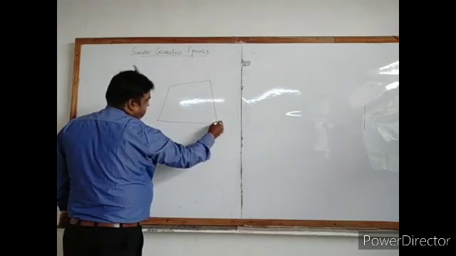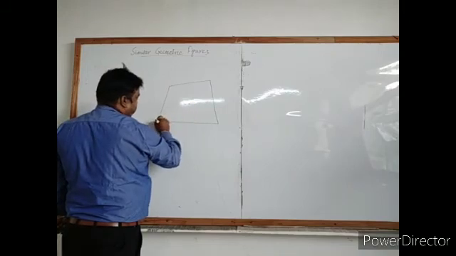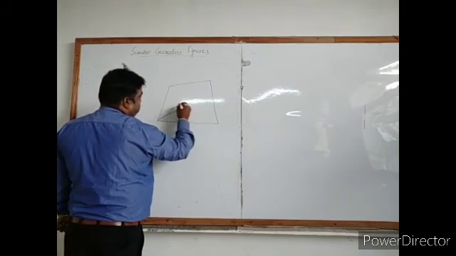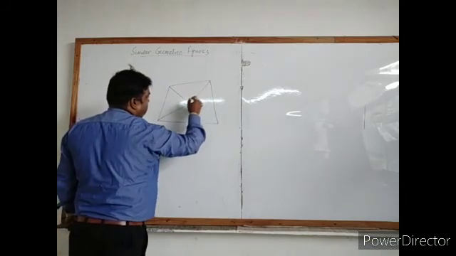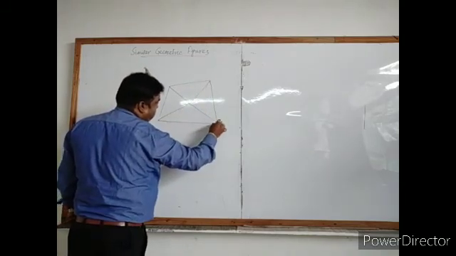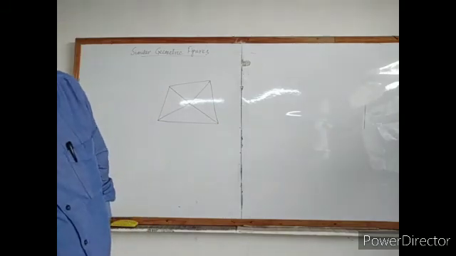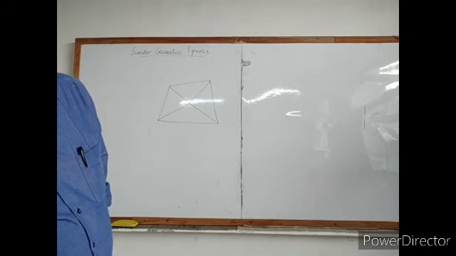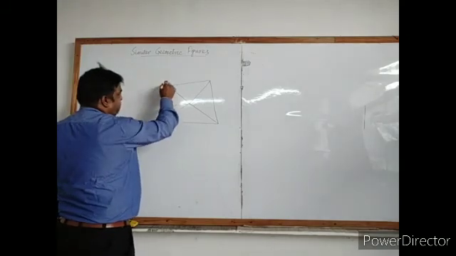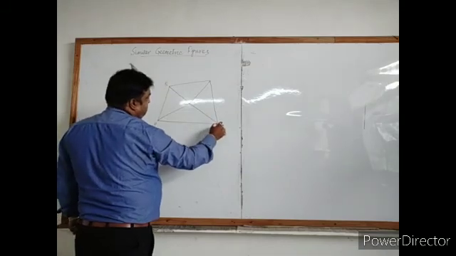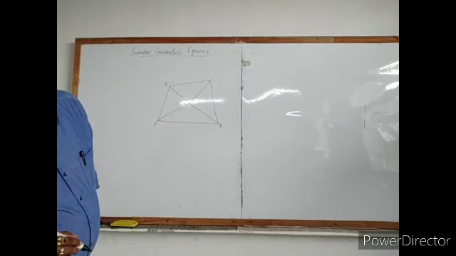This is a point, and it is joined like that. This is not a diagonal, just a point inside. So, PQRL, and O, A, B, C, D.